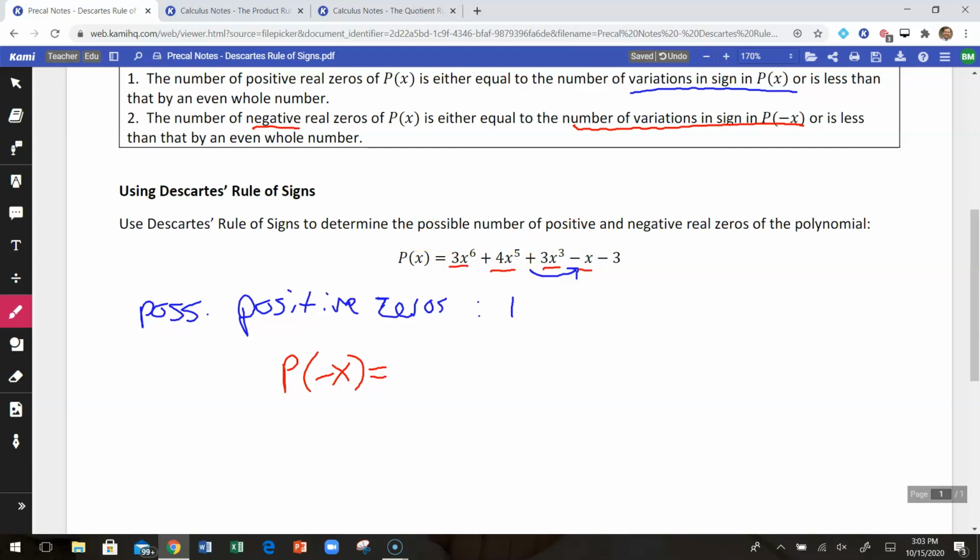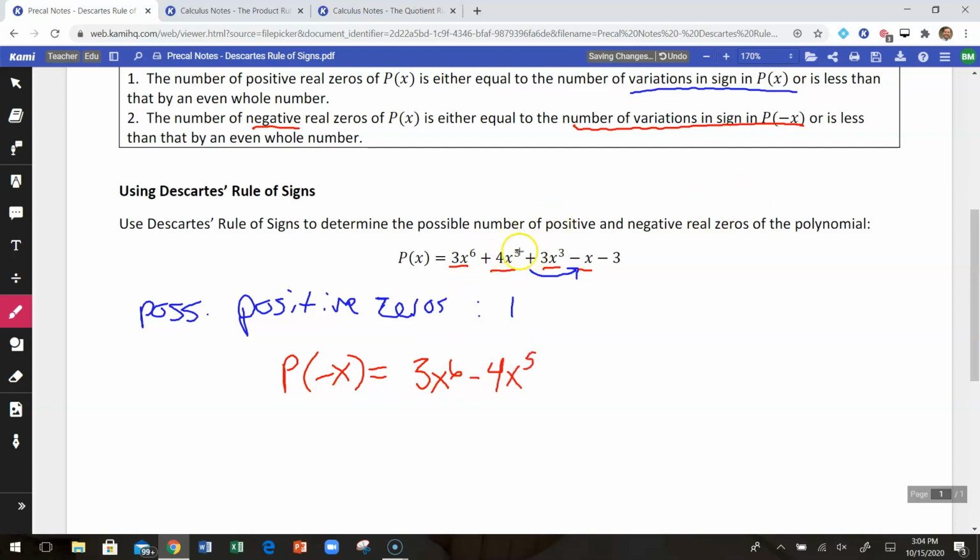And the shortcut for this is that if the x is an even power, the sign of that term won't change when I replace it with negative x. So if I plug in negative x for 3x to the 6th, it's still going to be 3x to the 6th because I have an even number of negatives multiplied together, so that's not going to change my sign. But the very next sign would change because I have an odd number. Okay, so I have x to the 5th.